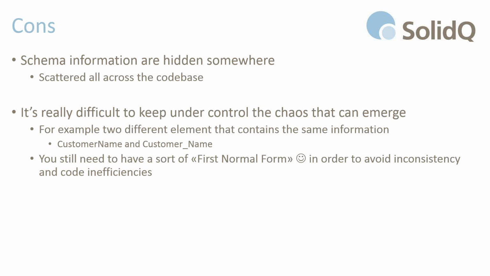So we still need to have a sort of first normal form in order to avoid inconsistency and code inefficiencies. So we still need some schema, and it will not be maintained by an application like a relational database system, but it should be enforced through rules and naming conventions and best practices.